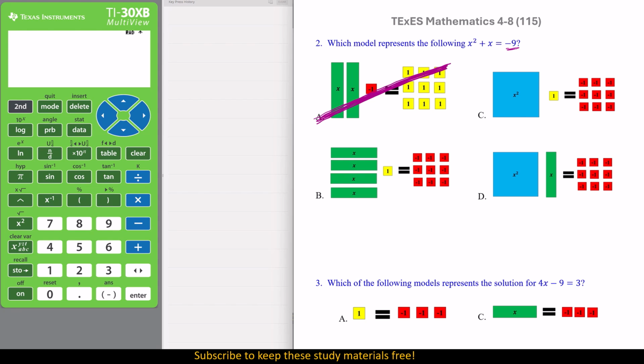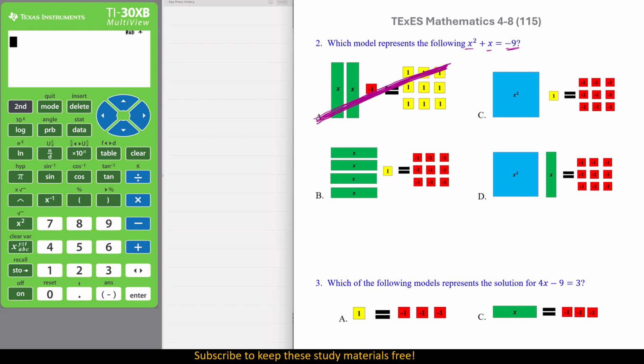All right, now let's look at our left-hand side. Notice that we only have x values. There are no singletons, no negative or positive, red or yellow singletons. So any option that has a singleton on the left-hand side is not an option. See, this is an x and this is an x.